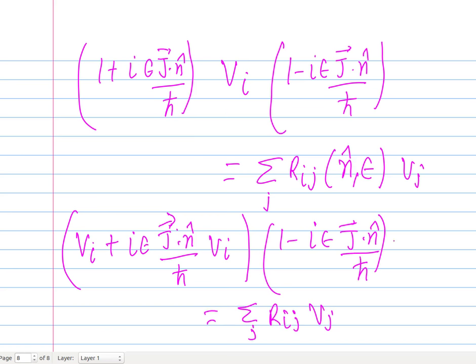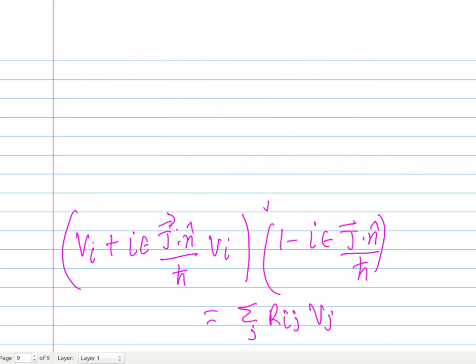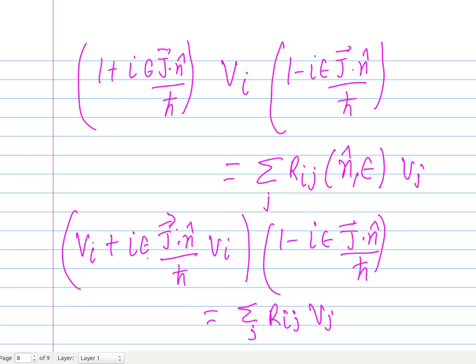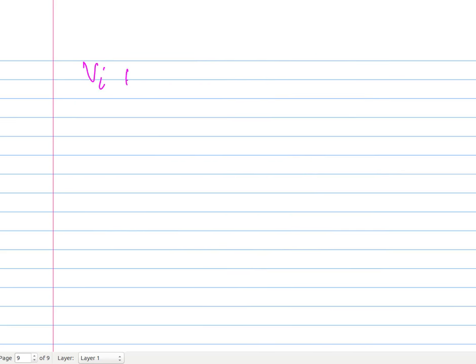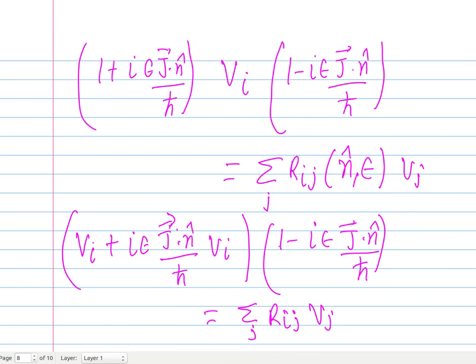Okay, but that thing is equal to vi plus i epsilon J dot n cap by h bar vi, minus epsilon vi J dot n cap by h bar, where i times minus i becomes plus 1.